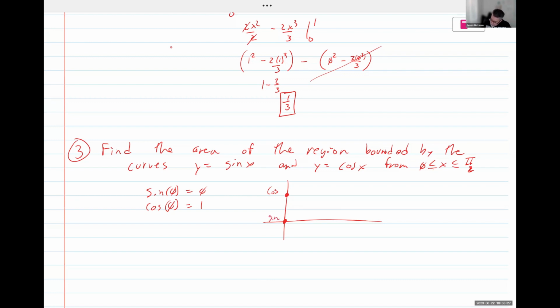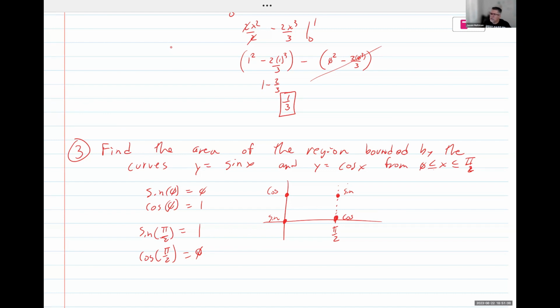But at pi over 2, what happens? The sine of pi over 2 is 1, and the cosine of pi over 2 is 0. Now this is the sine, and down here, this is the cosine. So what happened? They swapped places, right?